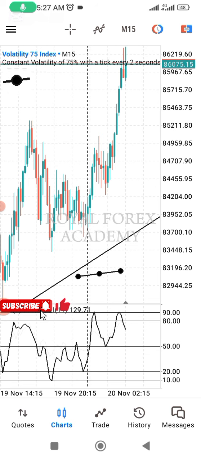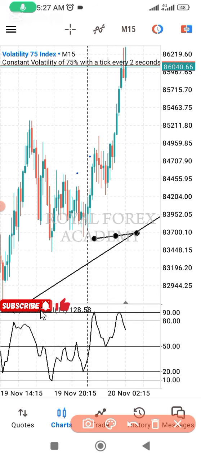I want to make my entry around this trend line. And if I'll be making my entry around this trend line, I want to see my commodity channel index either around 50 or around 20 and 10. Okay, I want to see it curve, make a turn from 50 facing upward or from around 20 and 10.